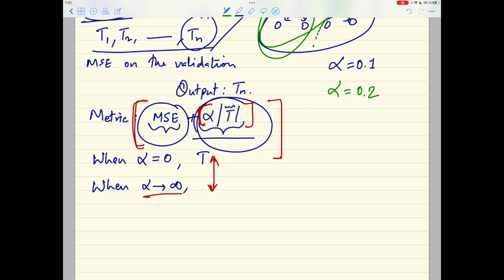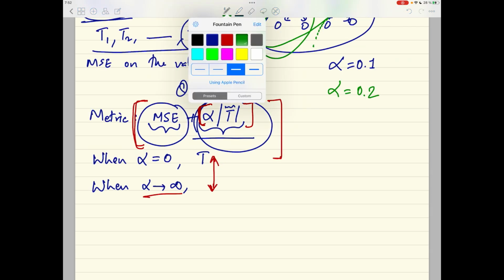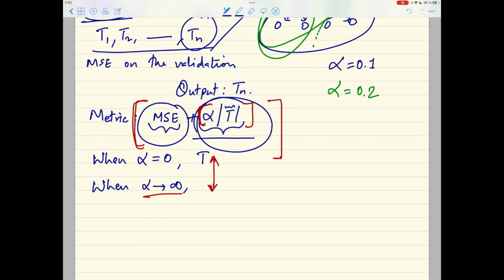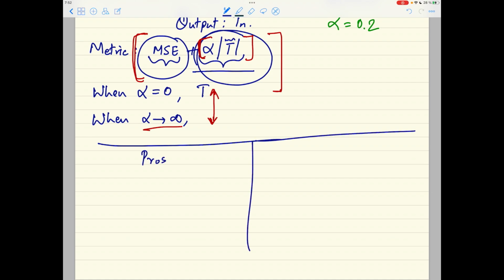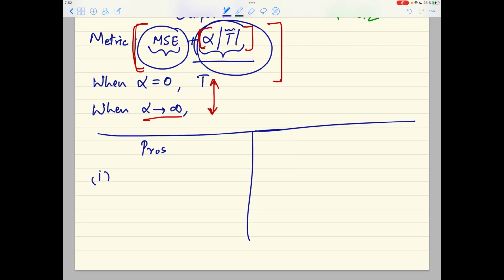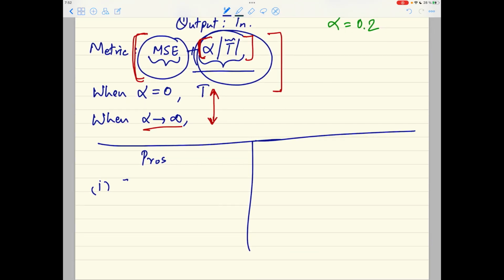Okay, so this brings us towards the end of our discussion. I'll wrap up the video with a few advantages and disadvantages of using a decision tree. Here are a few advantages. Firstly, it's very easy to explain to other people. Explainability is an advantage of decision trees.